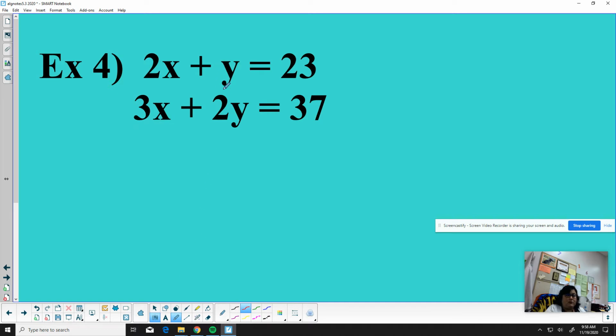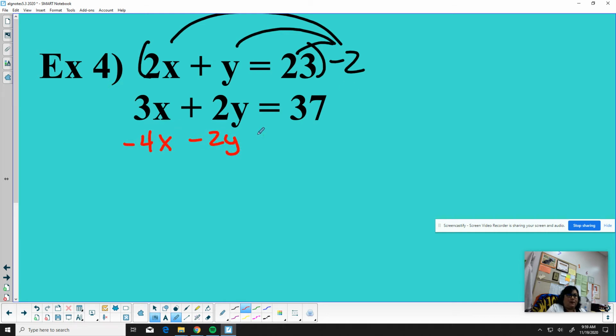If we talk about crossing out the y's, and this is already a positive 2, if I make this a negative 2y, that would be opposite the bottom. So to get this to be a negative 2y, I would have to multiply all of this by negative 2. So if I multiply by negative 2, this one, and this one, that would be negative 4x and negative 2y equals negative 46.